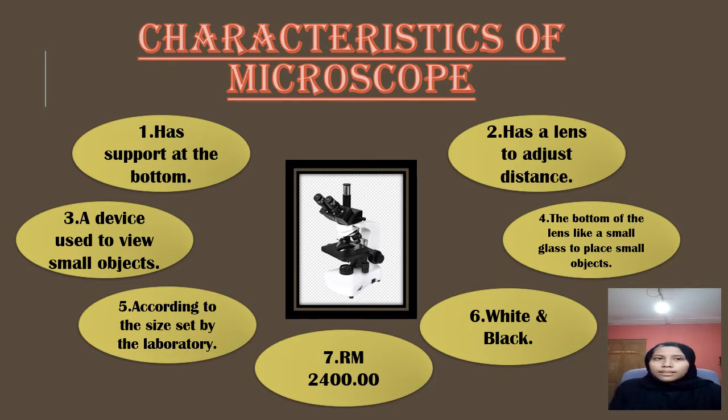The next characteristic of microscope is the size. It is according to the size set by the laboratory. The color of the microscope is white and black. Then, last but not least, the price for the microscope is in the range of 2,400 ringgit Malaysia.